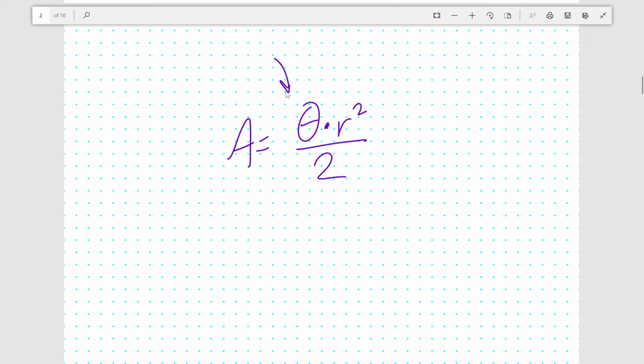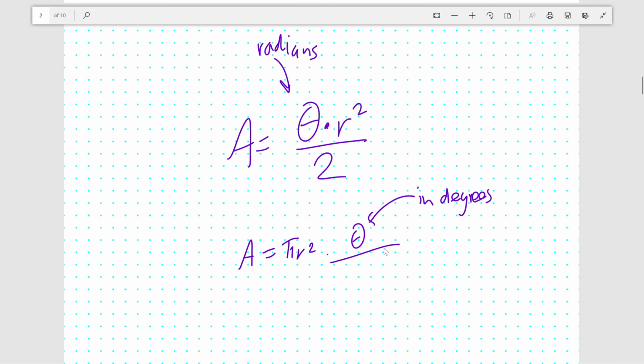It is crucial that you remember this angle is in radians, and you'll need to convert to radians if you want to get it from something in degrees. Alternatively, you can use the fact that the area is going to be pi r squared times the number of full revolutions. And since there's 360 degrees in a full revolution, you just want to take the number of degrees divided by 360 to get the number of full revolutions.